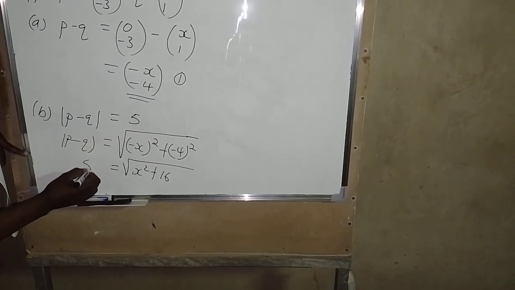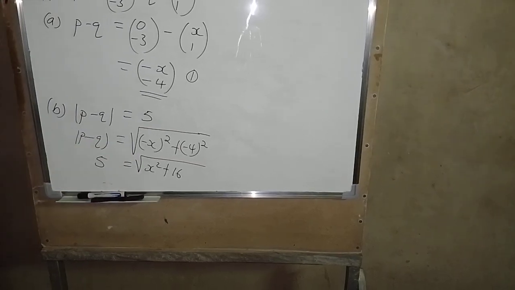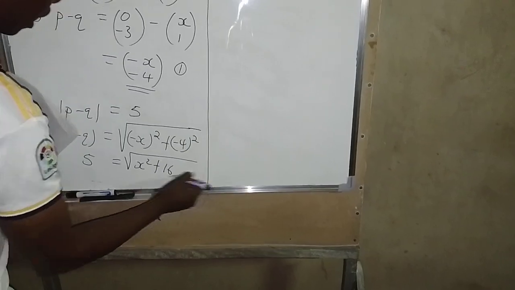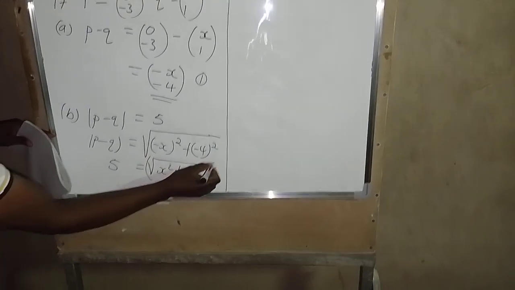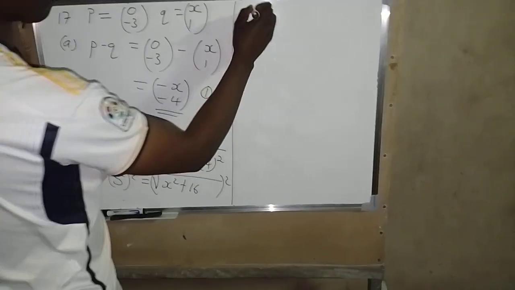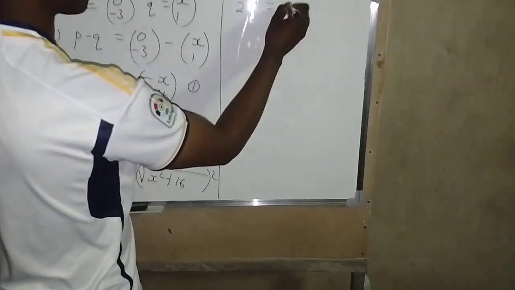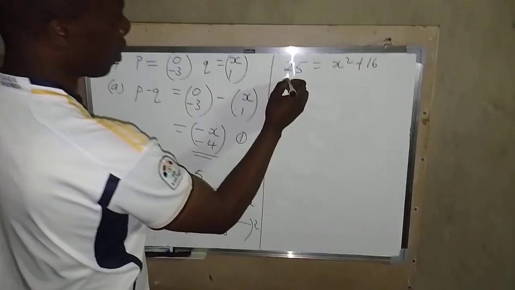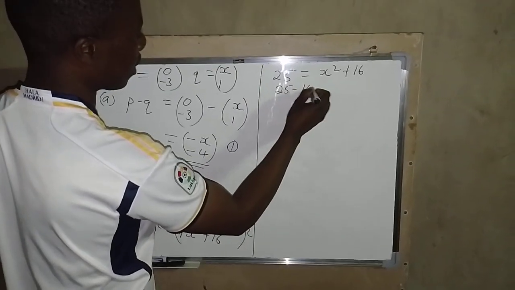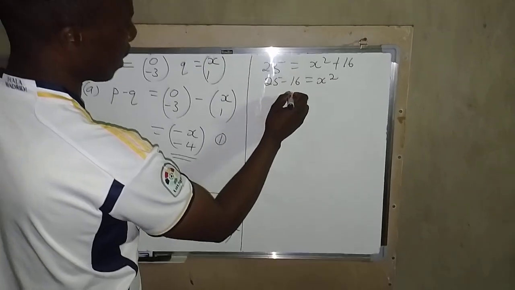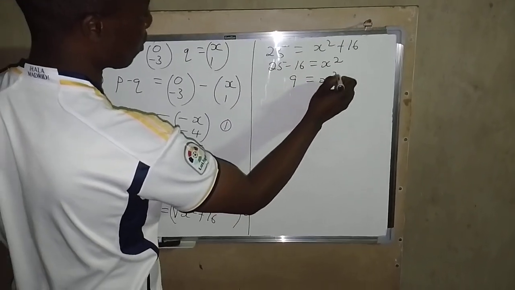So we're saying 5 is equal to the square root of that. Now, to remove the square root, we simply square both sides. So squaring both sides, 5 squared, we get 25, equal to x squared plus 16. Like terms together, this is 25 minus 16 is equal to x squared. 25 minus 16, that's 9, is equal to x squared.